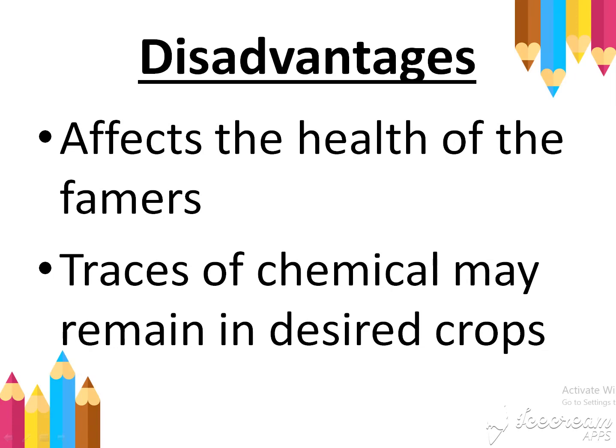Second one is, traces of these poisonous chemicals may remain in the crops themselves, and that is very harmful to human life. For example, if without washing we use the vegetables and fruits, that is very dangerous to our health. So before consumption, we have to wash the grains and the vegetables. That is very important.